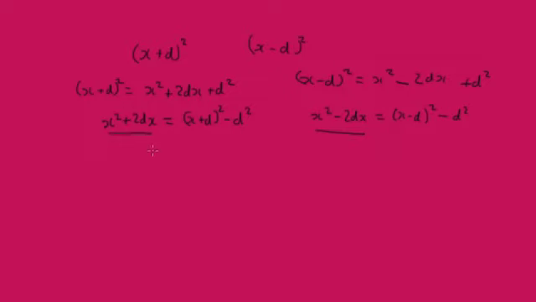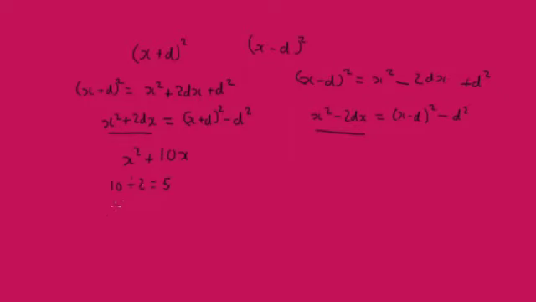Let's look at a few very simple examples to see what we mean, and then I'll show you how this can be used quite powerfully to solve more complicated quadratic equations. So let's think x squared plus 10x. Well, that is similar to this. The 2d, 10 equals 2d, where d would be 5. 10 divided by 2 equals 5.